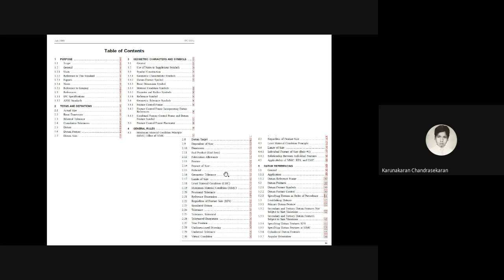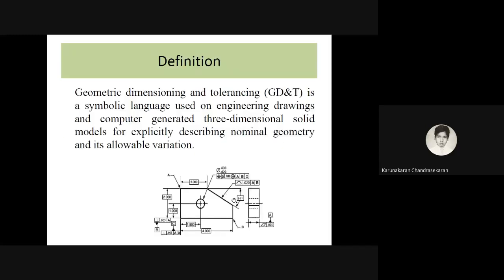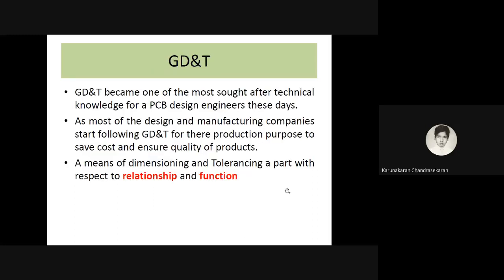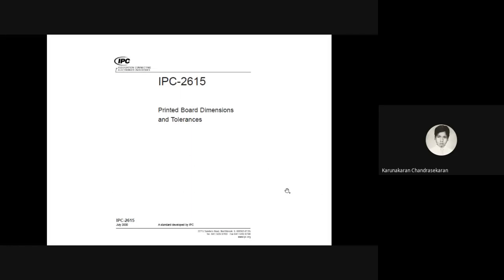So this is my advice to the second year, third year students, so that you will have skilled experience before you leave the institute. So, any questions with respect to the IPC 2615 introduction?